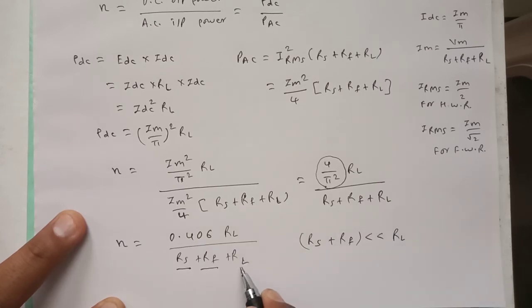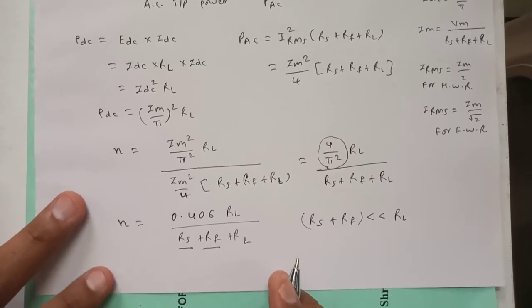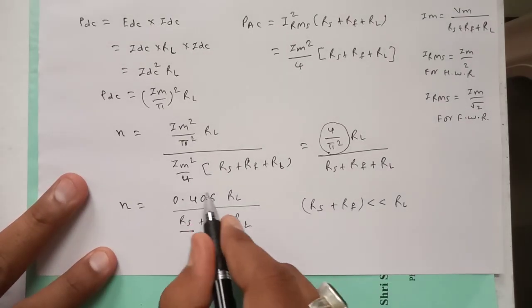In comparison with RL, these two values are very small, and that's why we can neglect them. If we neglect them, what remains? In the numerator we have RL, and in the denominator, after neglecting them, we are left with RL only. So this RL gets cancelled, and finally we have this value only.